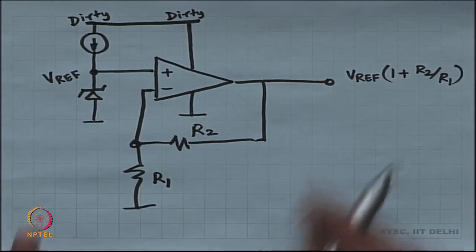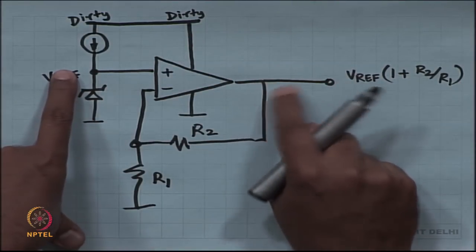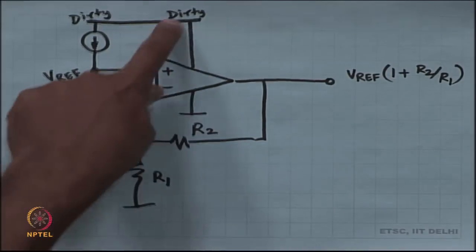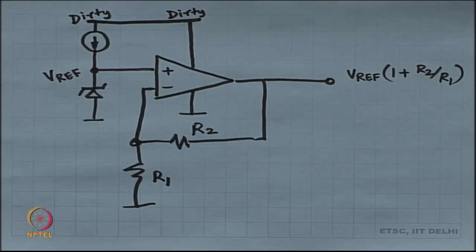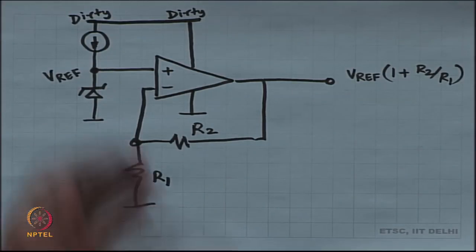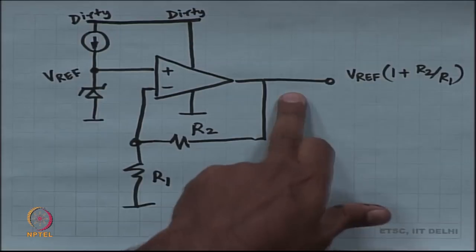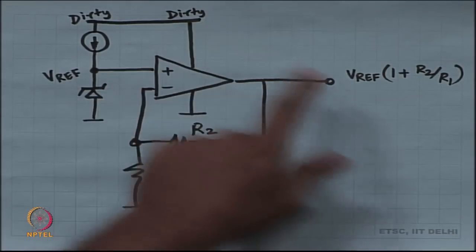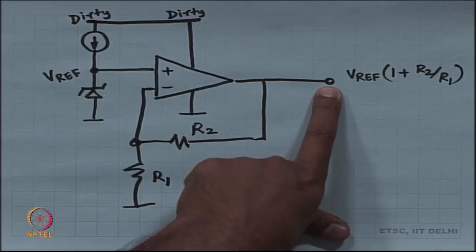Feedback is going to make sure that this output is related only to Vref and not to the dirty supply at all. Okay. So, a portion of the dirty power supply will still leak out. For a practical voltage regulator, a portion of the dirty supply will still manage to leak out.